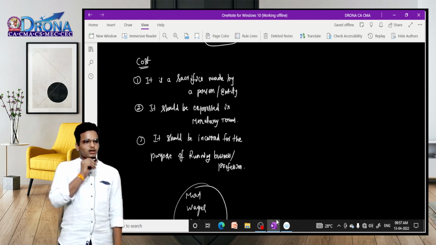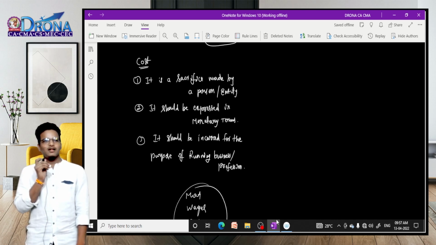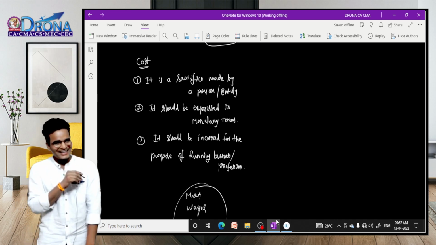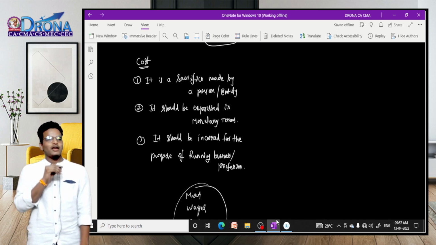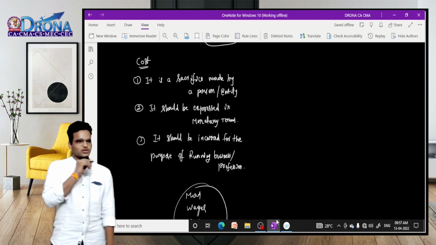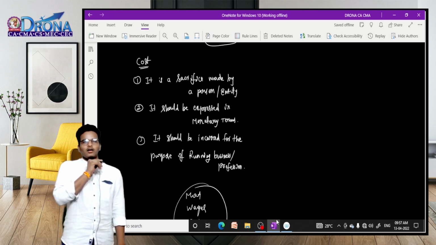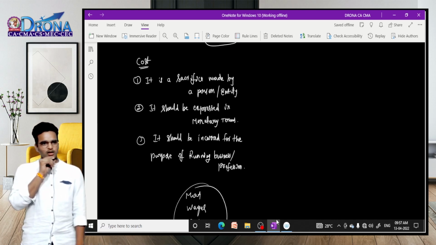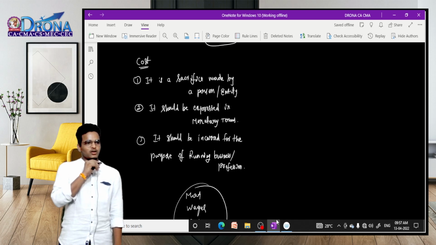Profit computation and stock valuation. It is further divided into expired cost and unexpired cost, product cost and period cost, manufacturing cost, advertisement cost, selling and distribution costs, unit cost and job cost.